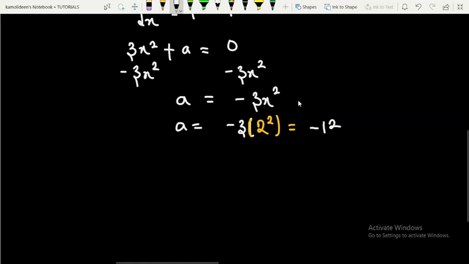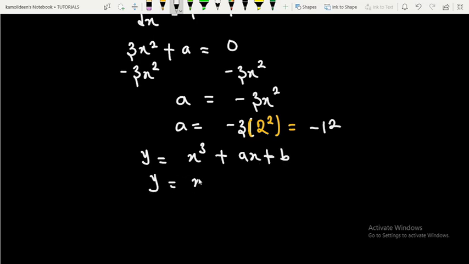Now I'm going to substitute a equals negative 12 in the given equation, which is y equals x cubed plus ax plus b. So that becomes y equals x cubed, a will be replaced with negative 12, that will be minus 12x plus b. So I'm going to call this equation 1.